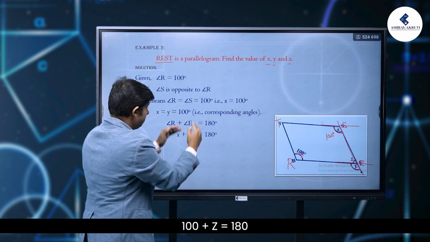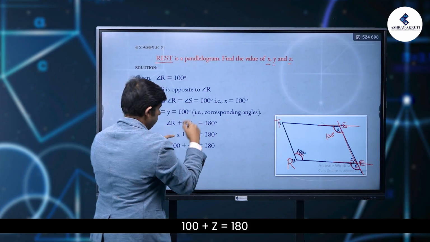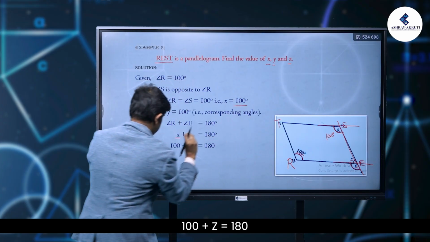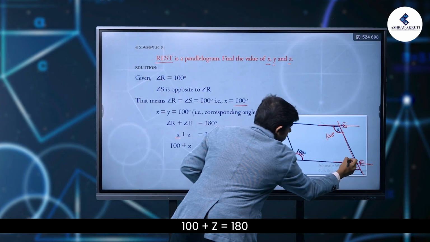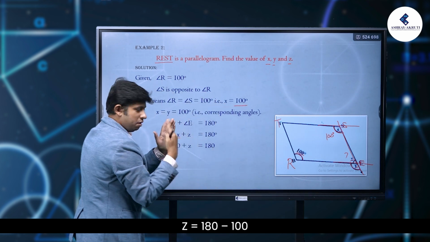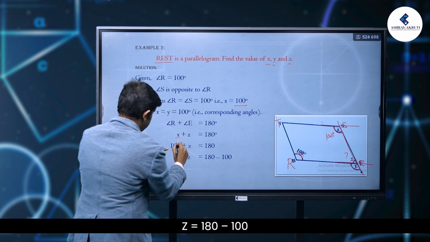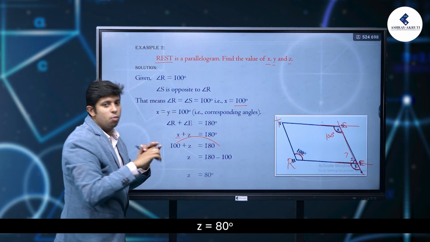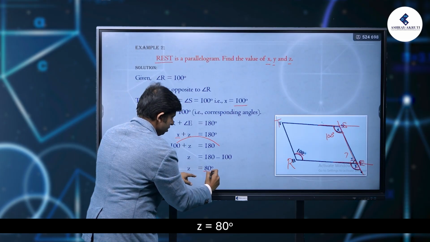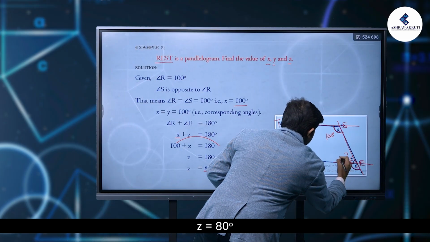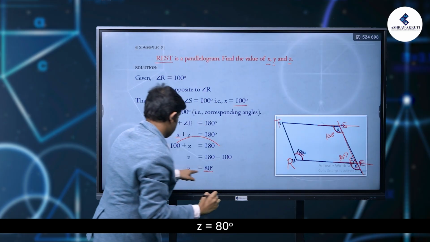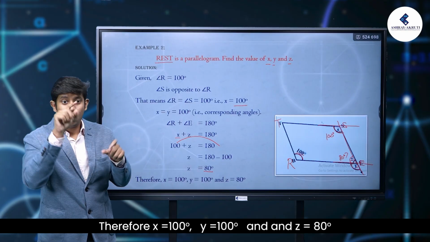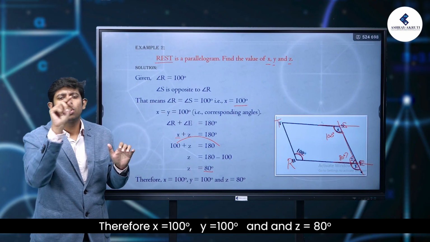X plus Z is equal to 180 degrees. 100 plus Z is equal to 180. Z is equal to 180 minus 100. Z equals 80 degrees. Therefore, x is equal to 100 degrees, y equals 100 degrees and z is equal to 80 degrees.